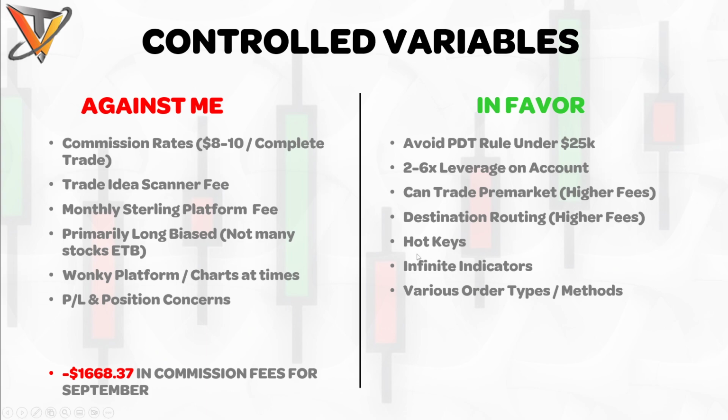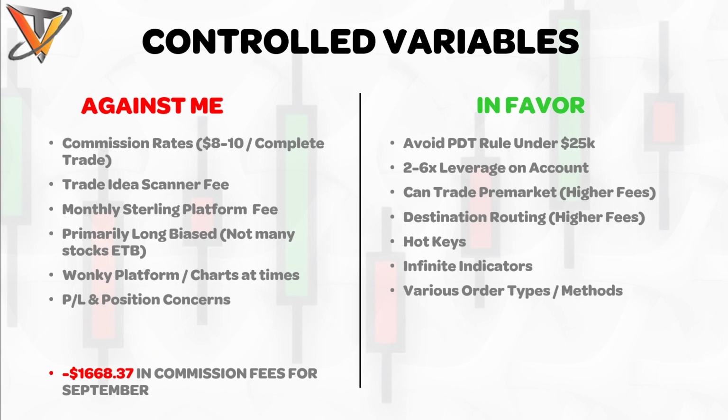And I also have an infinite amount of indicators I can choose from for setting up the charts. But again, the charts are pretty wonky. Sometimes they're just trash. If I draw a certain line indicator, it'll highlight the whole right side of my daily chart or 10-minute chart.